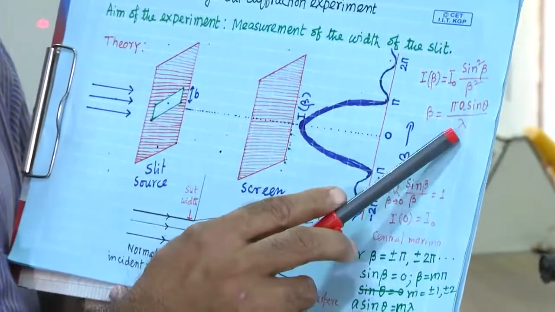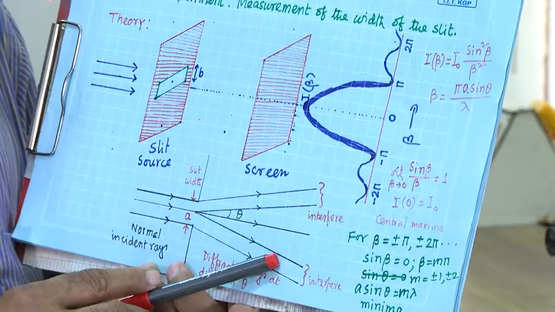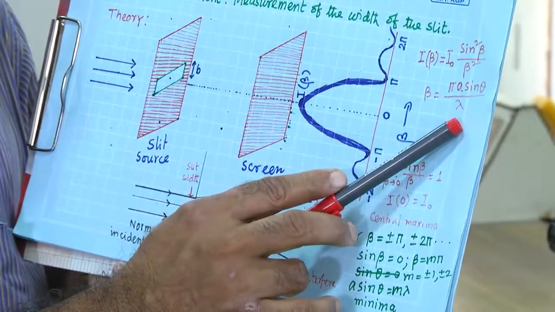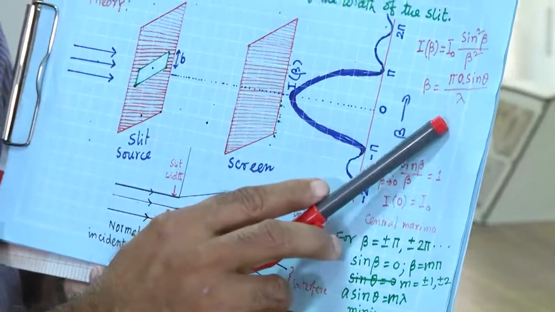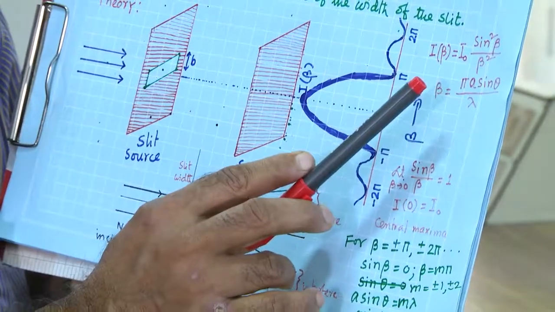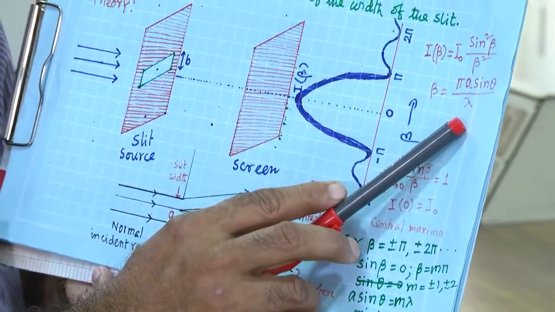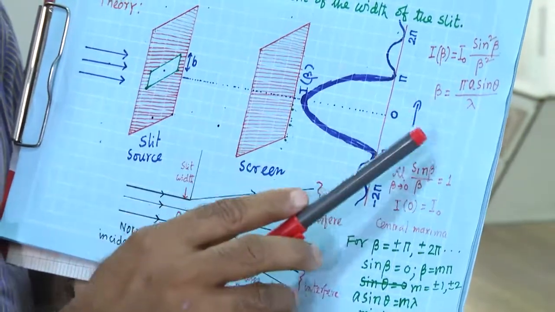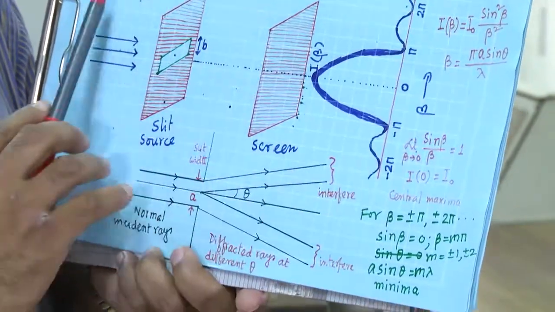We will take a laser light, I think red light. So, 632.8 nanometer, most probably, we will check it. So, this lambda is fixed for our experiment.